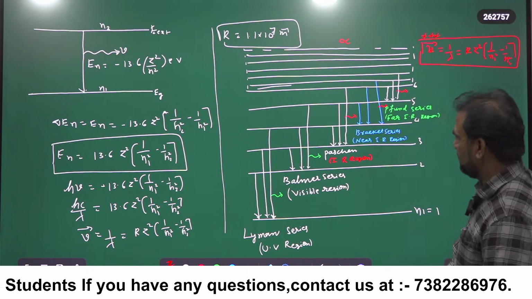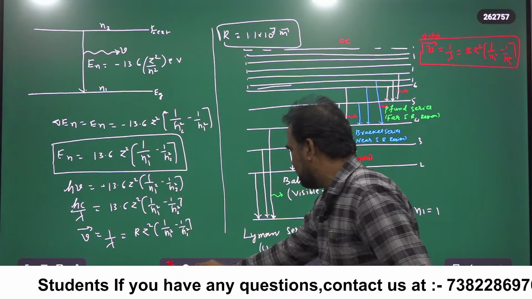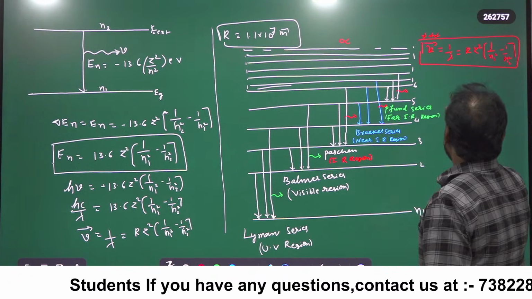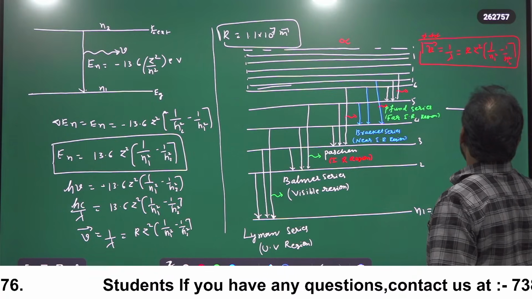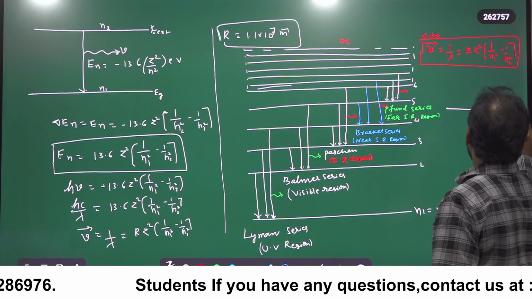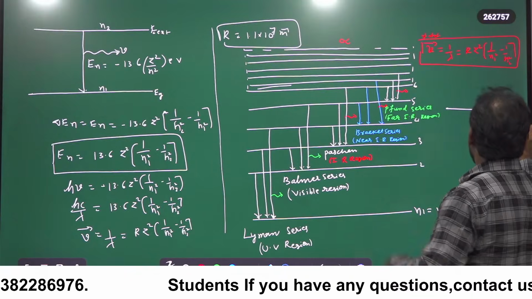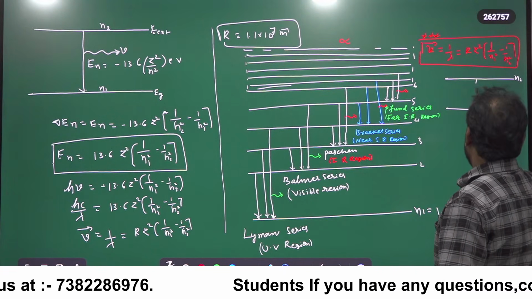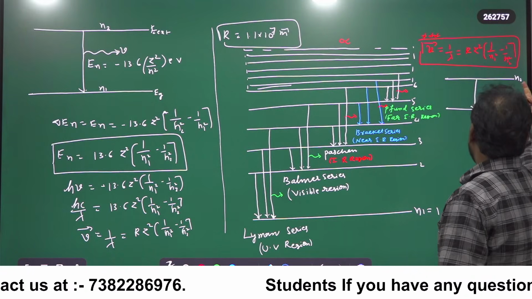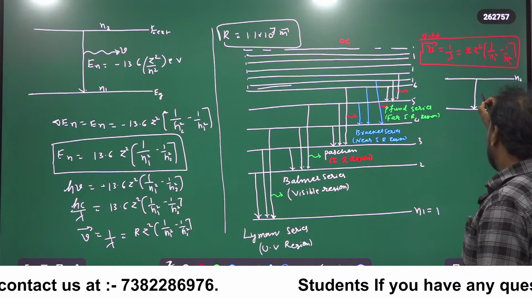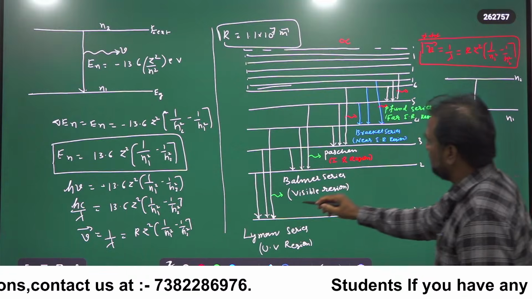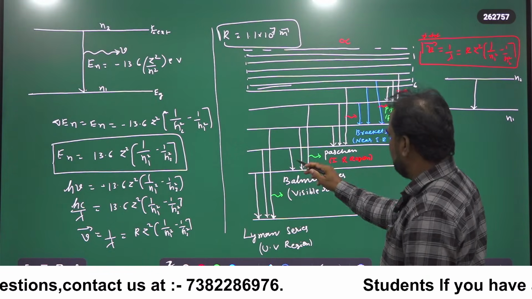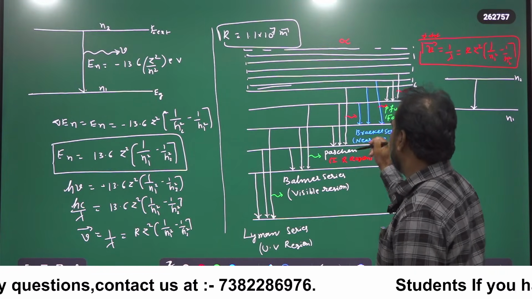So in this case, let's take the ground state energy level as N1 and the excited energy level as N2. When the electron undergoes transition from N2 to N1, the spectral lines formed are K alpha, K beta, K gamma, L alpha, L beta, L gamma, M alpha, M beta, M gamma, like this.